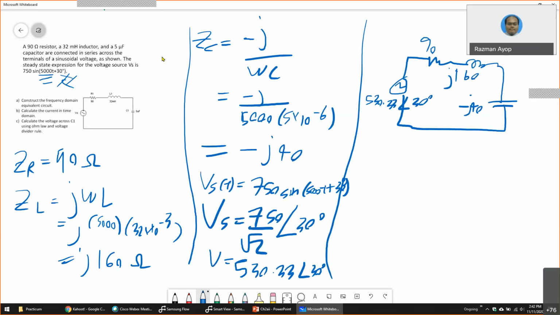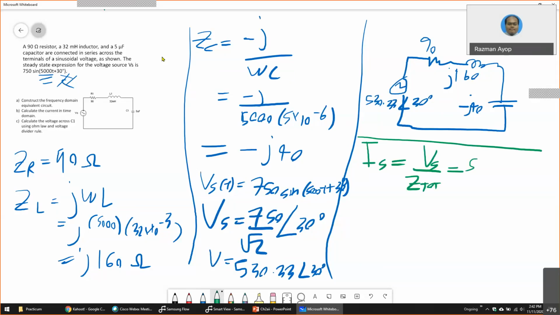For question B, calculate the current in the time domain. You have to calculate the current using Ohm's law. Basically, recall your chapter 1: Is equals Vs divided by Z total. In chapter 1 you don't have an imaginary number, but in this case you do.